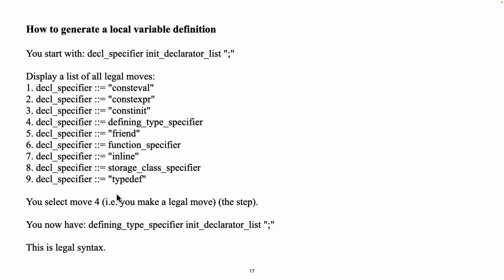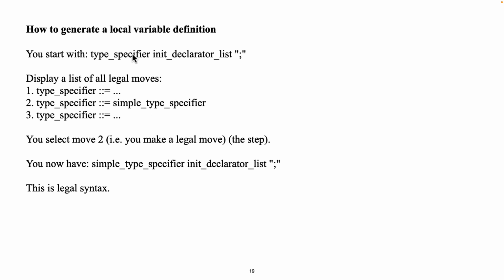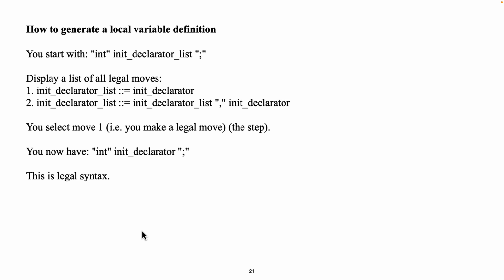You choose one. Defining type specifier has alternatives. You choose one. Type specifier, you choose one. Simple type specifier, you choose one. Well, now we've gone as far as we can go with the very first non-terminal. We've arrived at a literal. It's terminal. So we go to the next alternative, init declarator list.